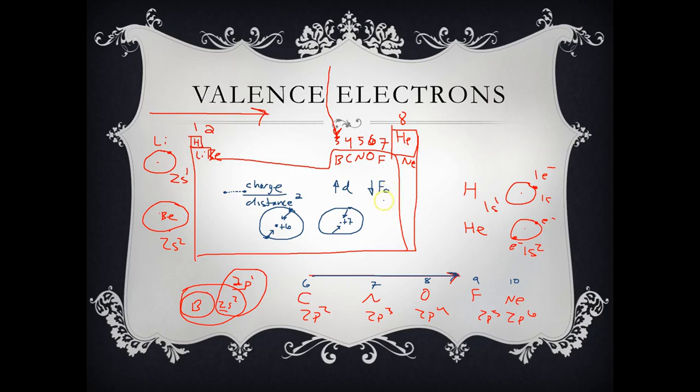So the Coulombic force, Coulombic attraction, holding the electrons around the nucleus. So the greater the distance between these particles, the smaller the force of attraction. Yeah, as we move from left to right across the periodic table, we're going to be increasing the nuclear charge.